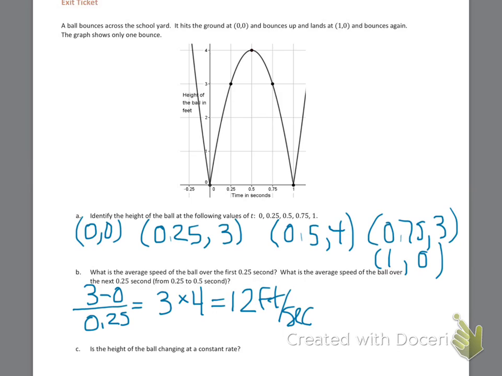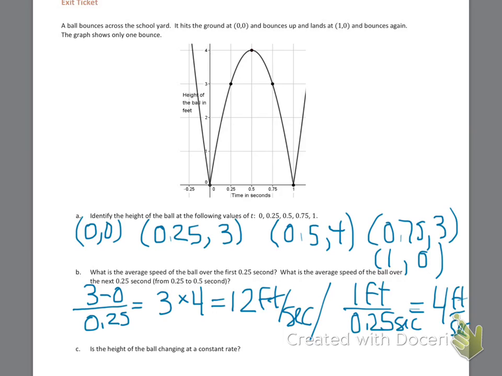Then we're asked, what is the average speed over the next 0.25 seconds? For that one, the ball only traveled 1 foot because it went from 3 up to 4. So it went 1 foot in 0.25 seconds. That is equal to 4 feet per second.